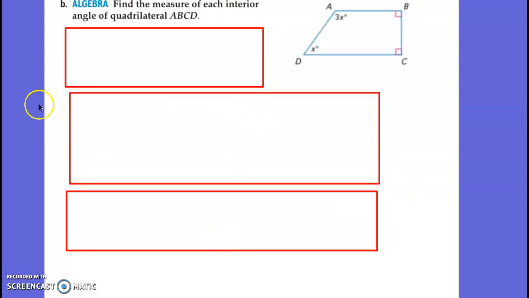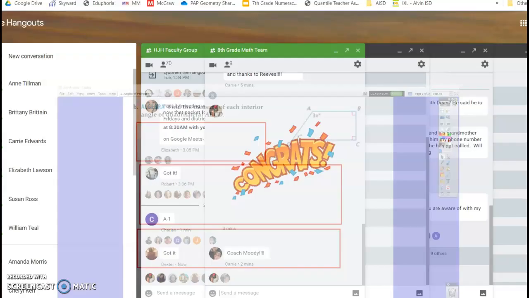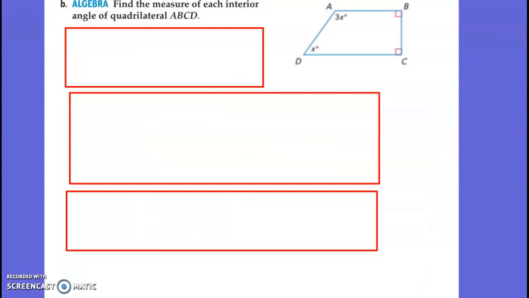So we want to find the measure of each interior angle of this quadrilateral ABCD. Notice we have 4 angles. We have an unknown, 3 times the unknown, and then our 2 right angles. So I can come over here to my screen so you can see my work.